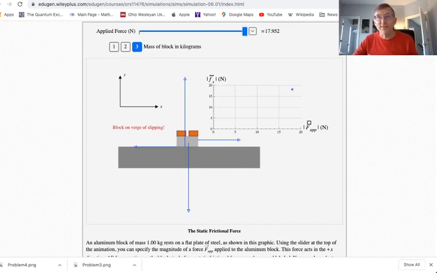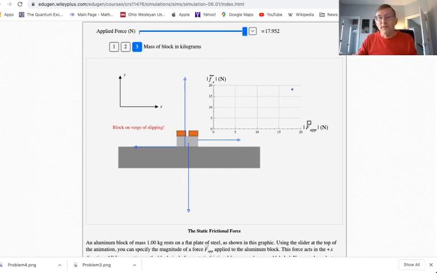Actually 17.95, I haven't pulled it all the way over. That's triple what Fs max was at the beginning. But F normal has tripled too. So the whole point is just to show you that the magnitude of Fs max is proportional to the magnitude of F normal. Double F normal, you'll double the magnitude of Fs max. Triple F normal, you'll triple the magnitude of Fs max.